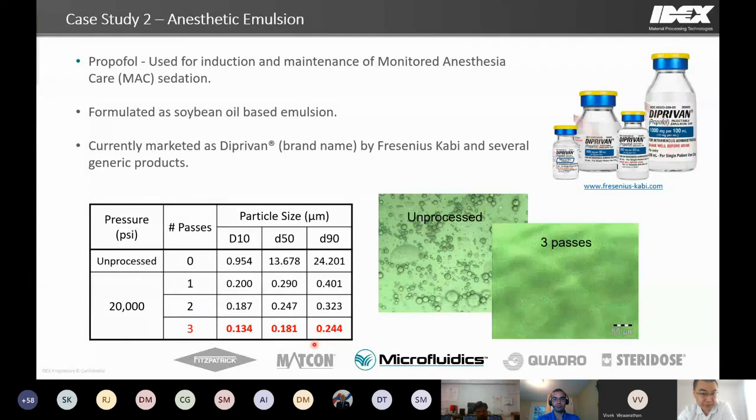But for some challenging formulations and materials, getting down to 100, 200 nanometers will be difficult for a top-down method. And I think this is true for all top-down methods, not just for us.